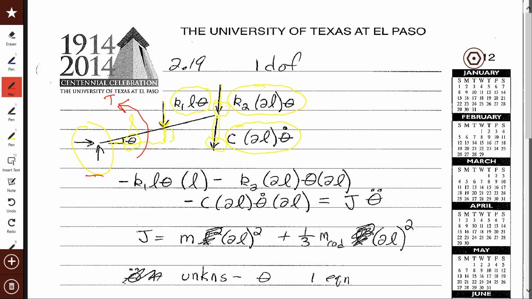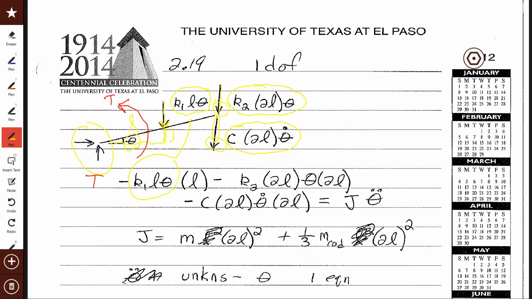I'm going to say T. And then this term comes from this force. L is the moment arm. It's actually L cosine theta, which becomes just L. And it's negative because it's a negative moment.